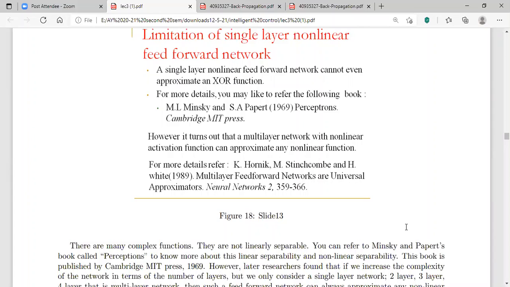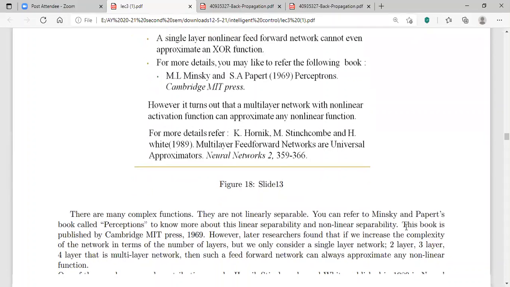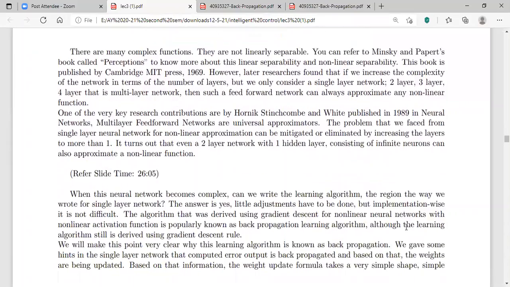It cannot approximate an XOR function. If, however, you are going for multi-layer network with nonlinear activation function, it can approximate any nonlinear function. So preferably we go for multi-layer network.